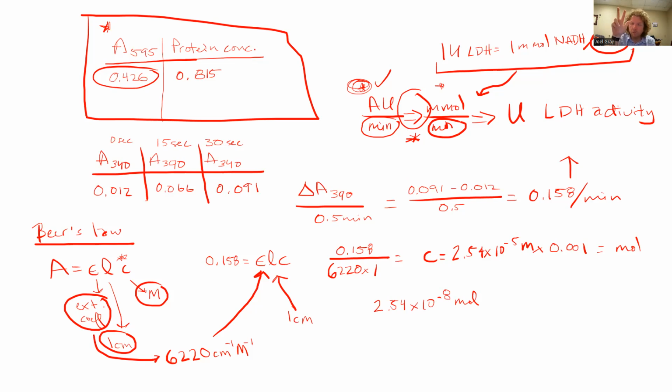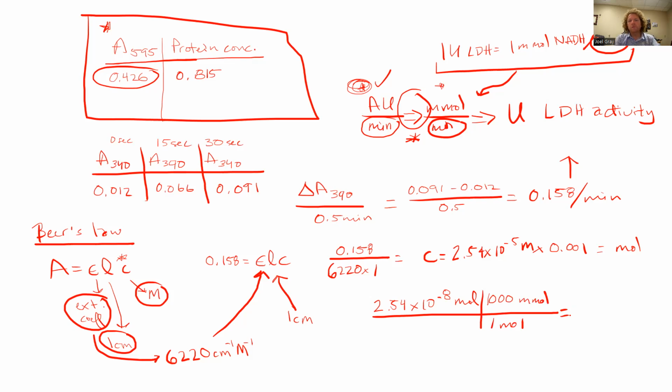Then I use the volume of my reaction to get the number of moles that are generated. And now I just need to go from moles to millimole. Now, in 1 mole, there are 1,000 millimole.